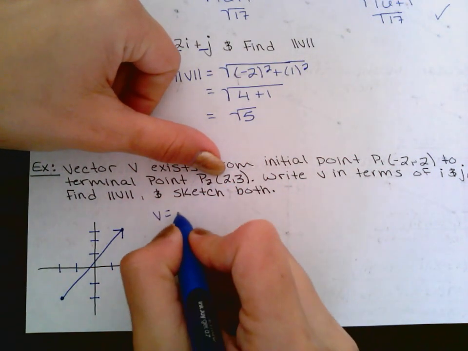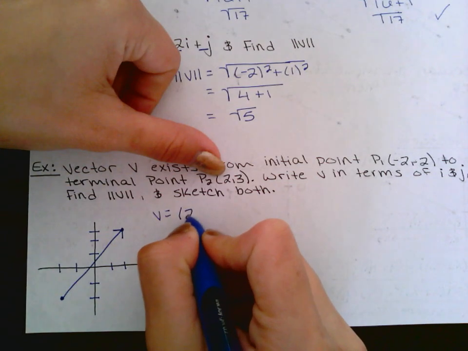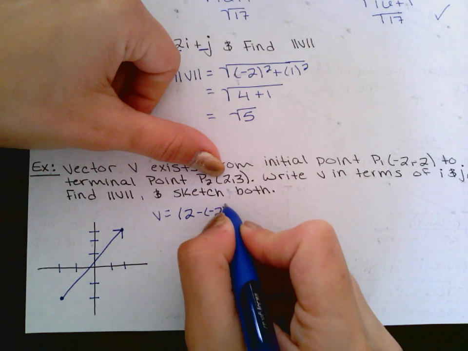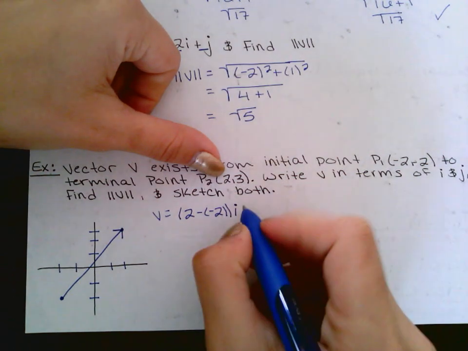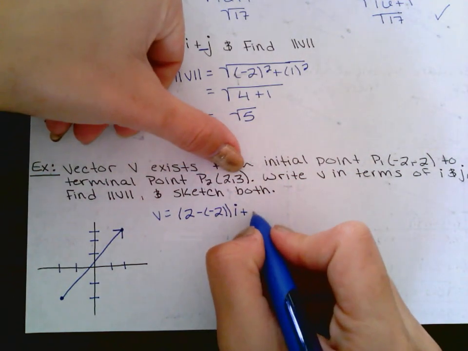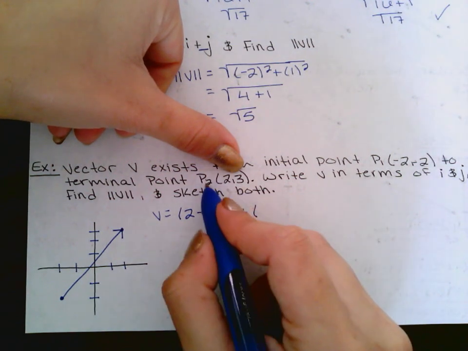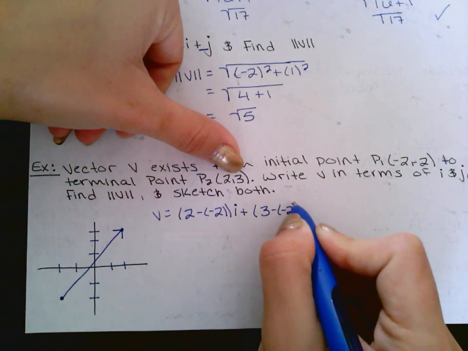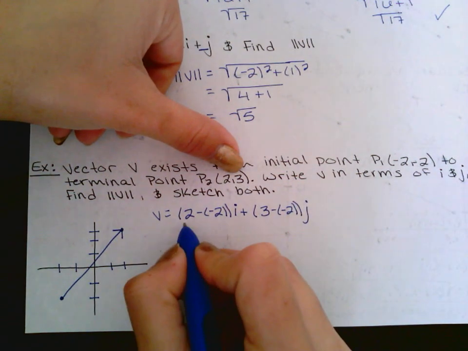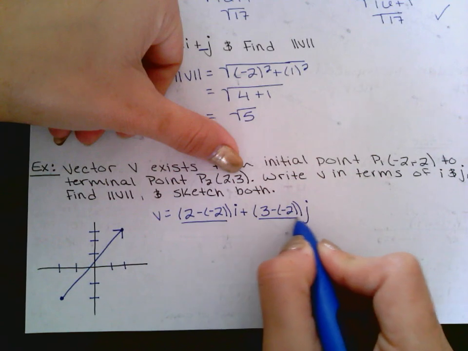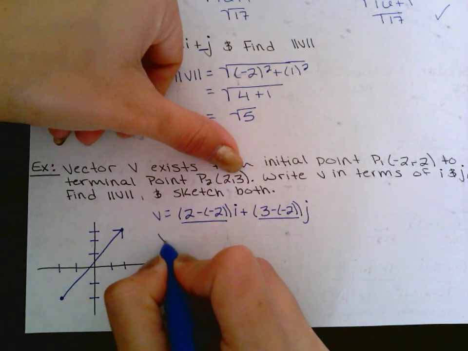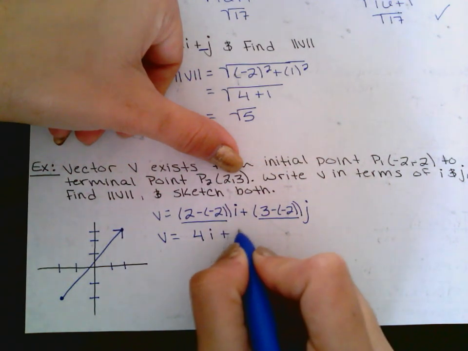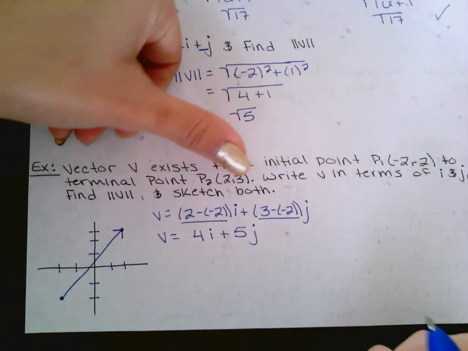So I'd say the point 2 x value, which would be 2, minus negative 2, and then I write my i, plus, I'm going to take my y's and subtract them, starting at the terminal point, 3 minus negative 2, and then I'll write my j. Clean up these two numbers, and vector v can be called 4i plus 5j.